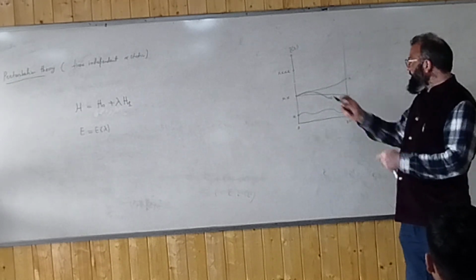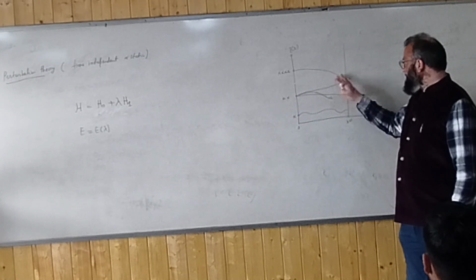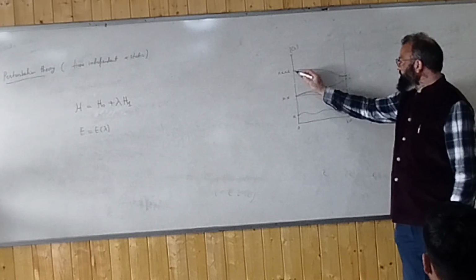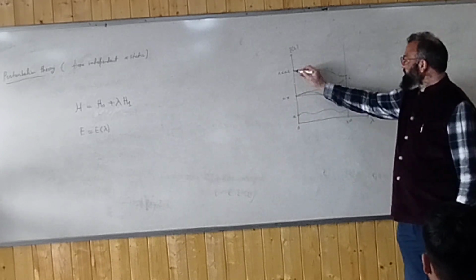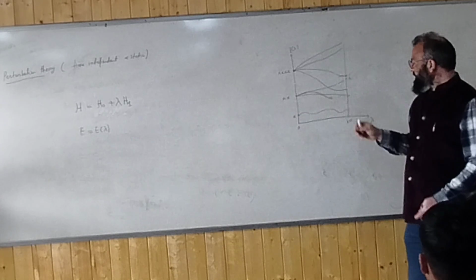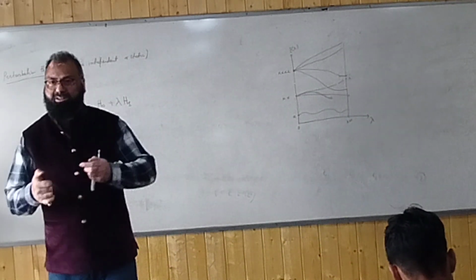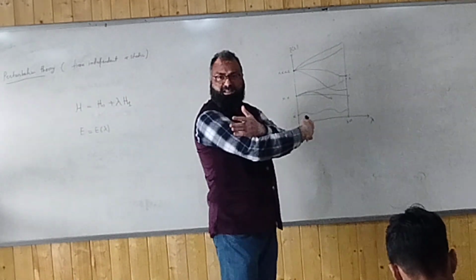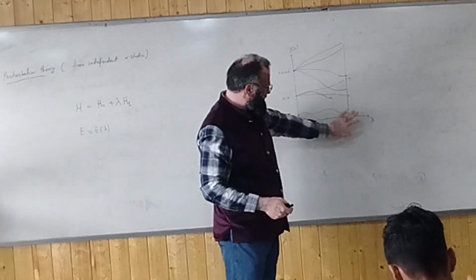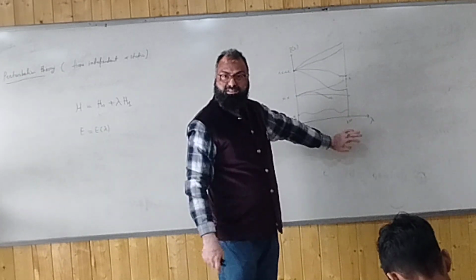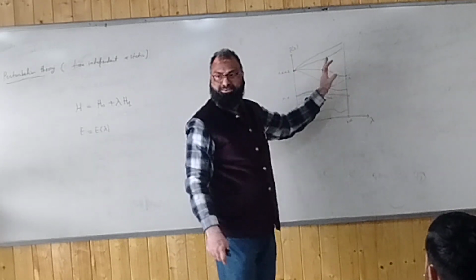Similarly, this can happen. This can come here, or at another point, you can have level crossing as well. This can go this way. This is the effect of this perturbation. It may induce level crossing, which means 2 levels will cross. When you turn on this disturbance in the system, there may occur level crossing somewhere.